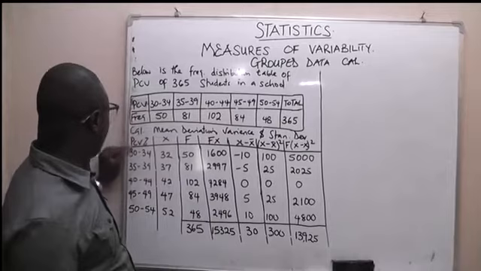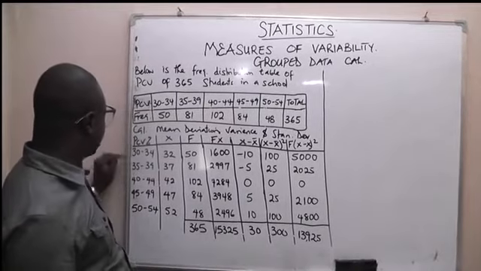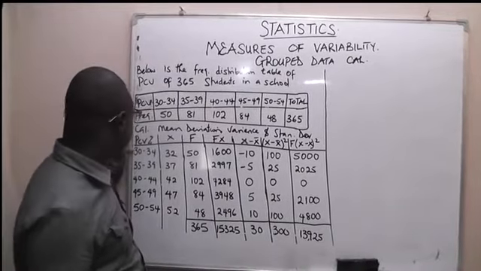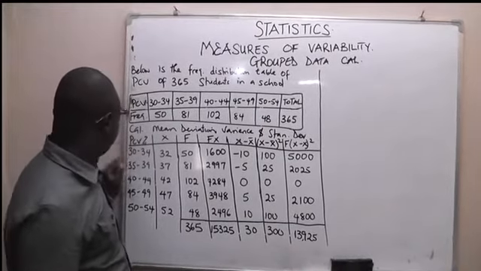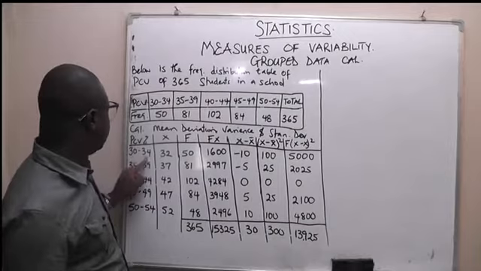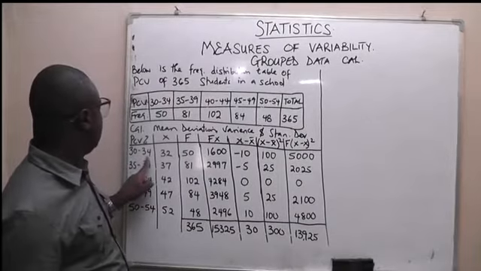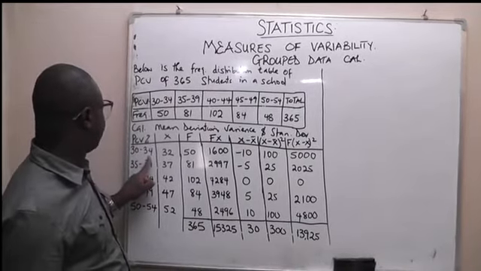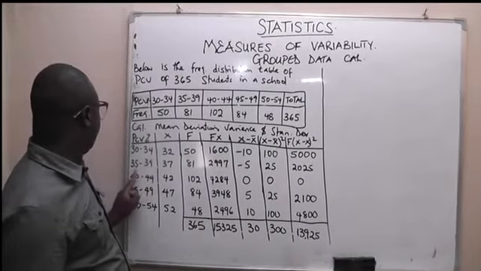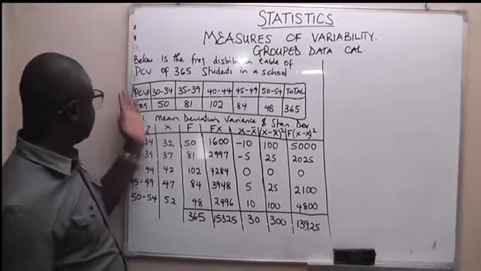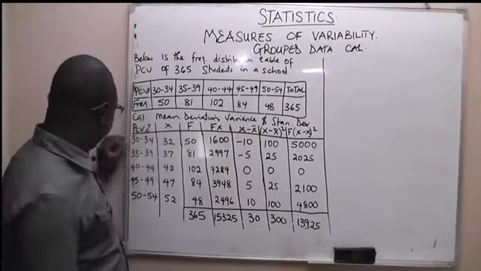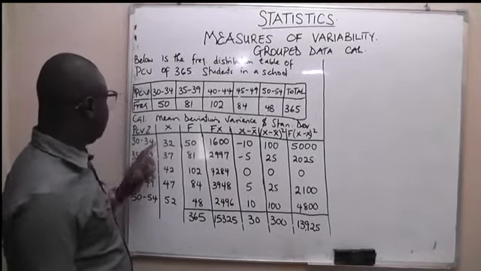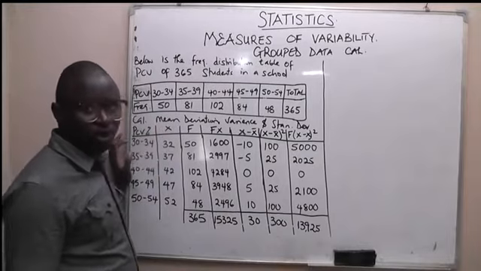Either you call it class interval or just PCV. So from 30 to 34, then you write all of them out like this, vertically.